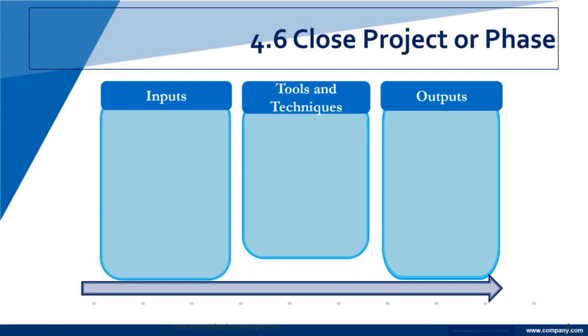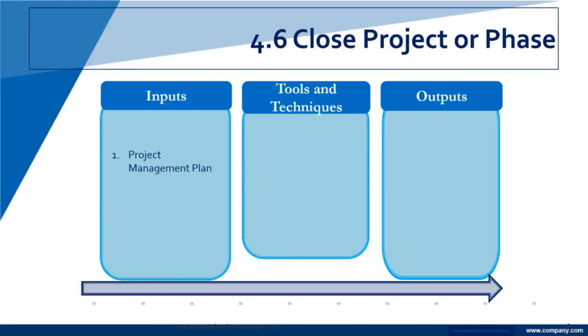Now, all projects have to have an ending, or they wouldn't be projects, right? They have to have a beginning, a middle, and an end. Well, here's the end, closing down the project. But you could have a phase, and you could close a phase. There are similar things that work there. That's why it's included here.